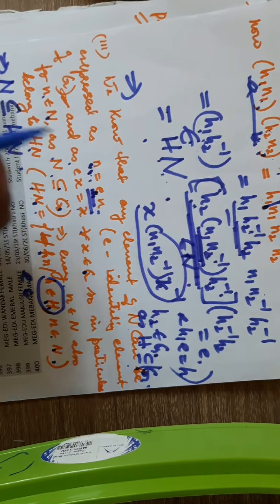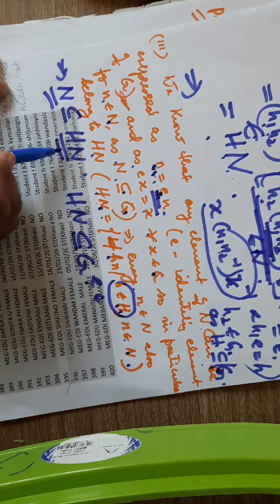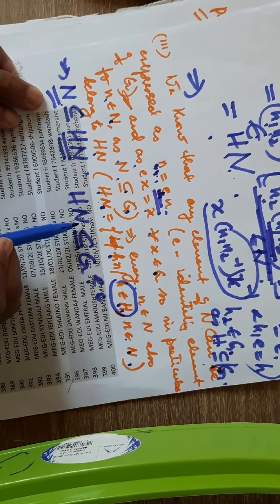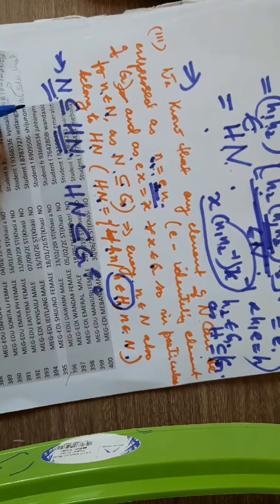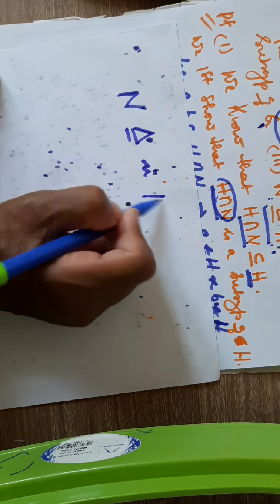And since we know that N is a subgroup of G, it implies that N must be a subgroup in HN because HN is a subset of G. So this proves that N is a subgroup of HN. Now let us show that N is normal in HN.